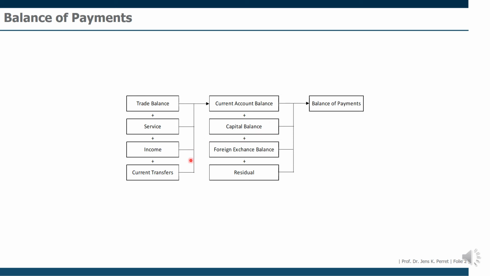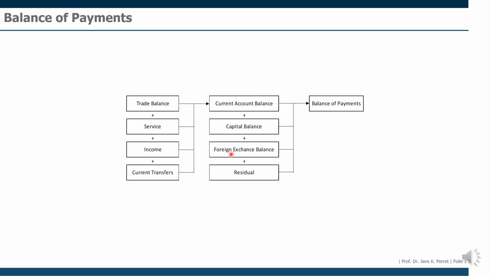Then the third part is the foreign exchange balance, which, as the name says, is mostly relevant in logging currency reserve changes, on monetary policy aimed at impacting exchange rates.